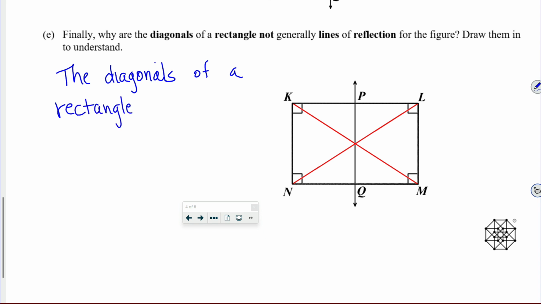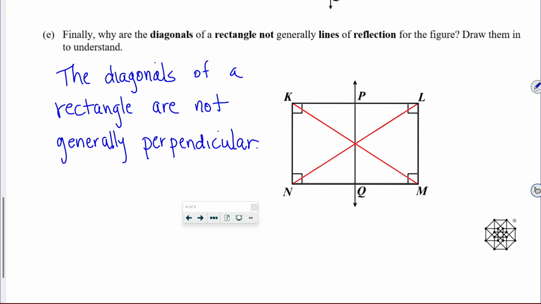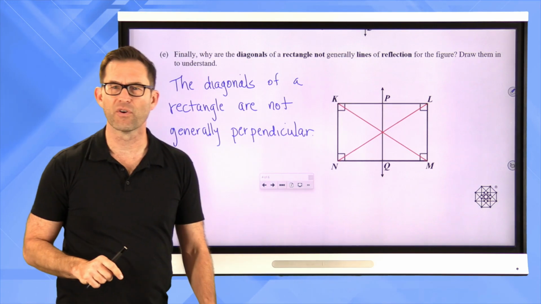The diagonals of a rectangle are not generally perpendicular.